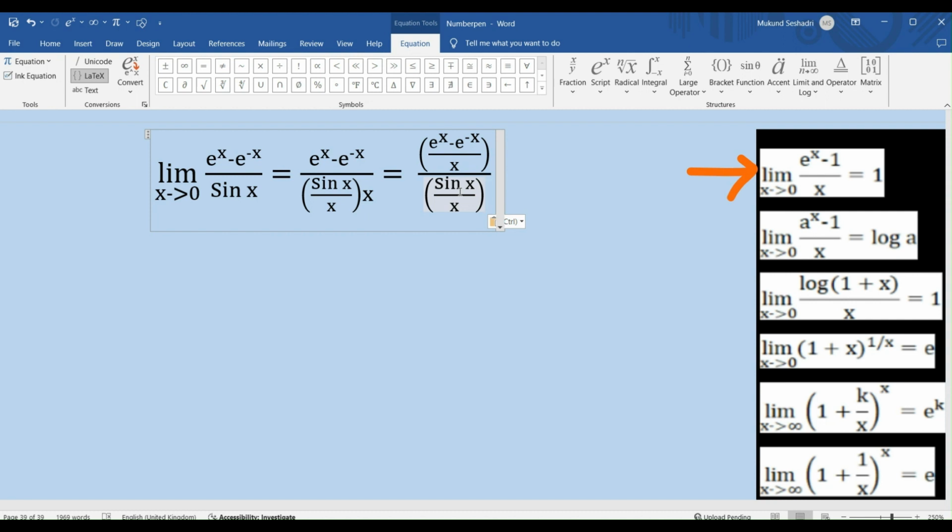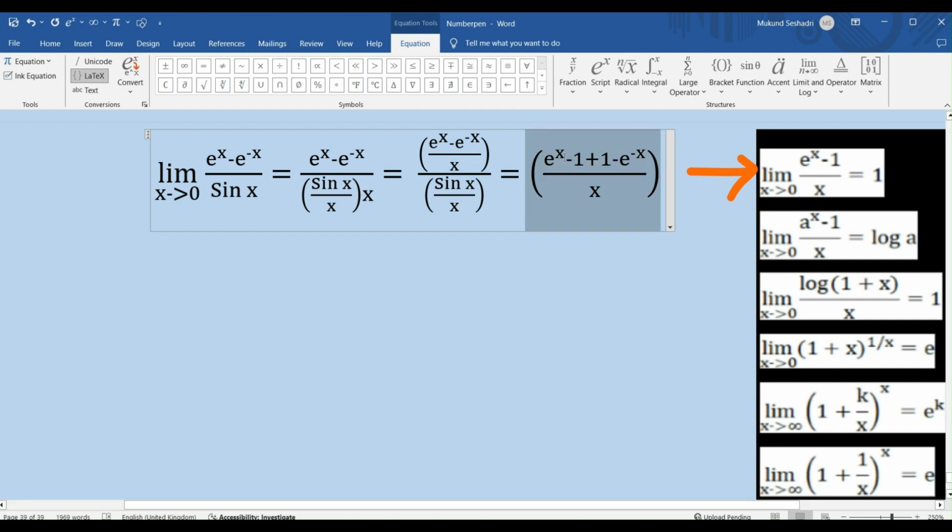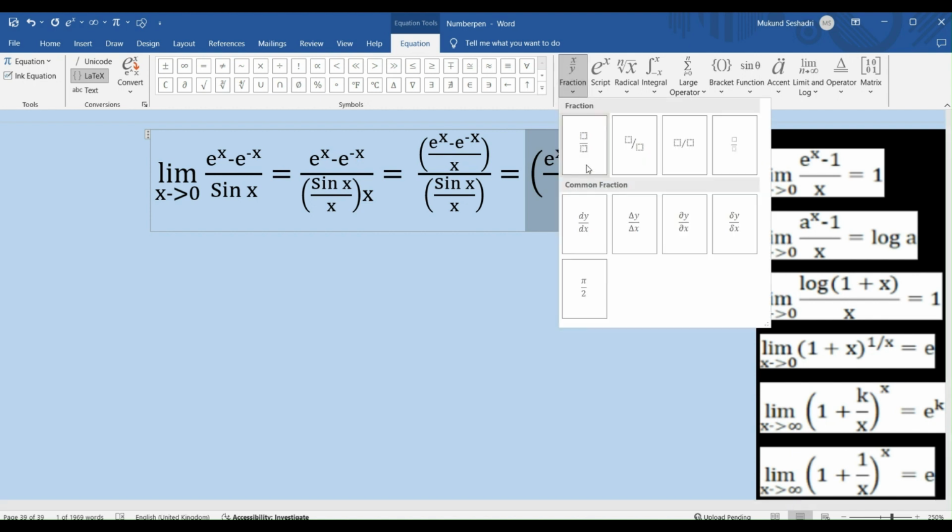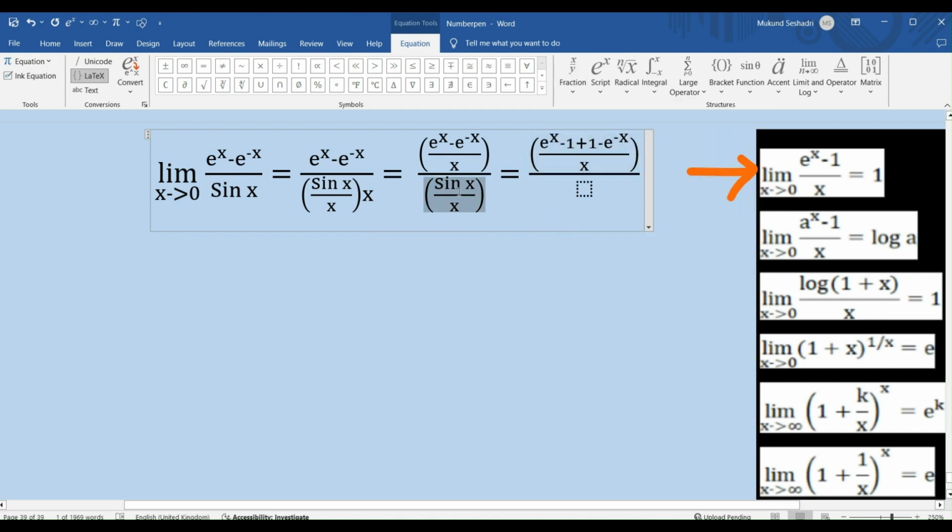So we know that I can rearrange my numerator, right? I can write this as e to the power x minus 1, and I can do a plus 1 minus e to the power minus x divided by x, right?